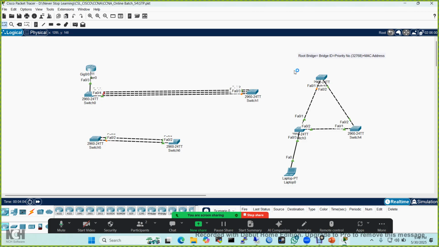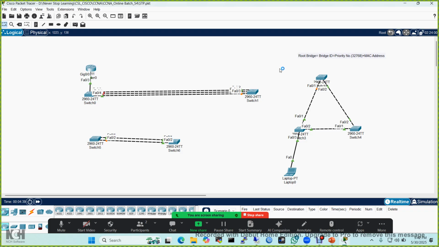In previous days, before the switch there was a device, and that device name was bridge. In this chapter the previous name still exists, but the bridge is actually the switch. We will first elect a root switch. From these two switches, or from these three switches, we will make a root switch first. Which switch will be root?